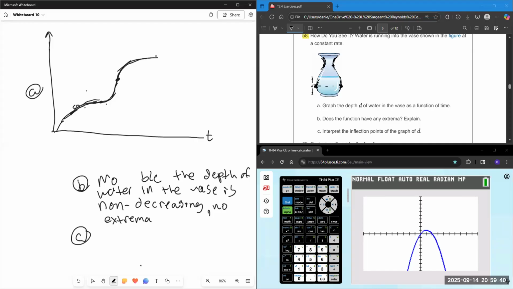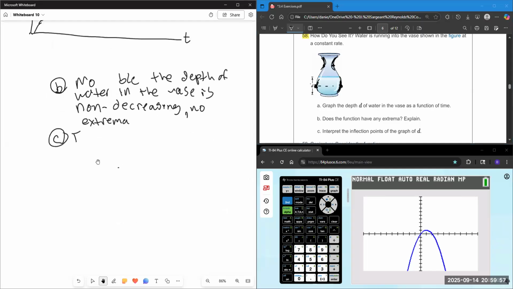Interpret the inflection points. So again, I already told you that it has to do with these bulges here. And so this is going to take a lot of words, but it's what I already showed you in the picture and kind of what I tried to draw with the graph.